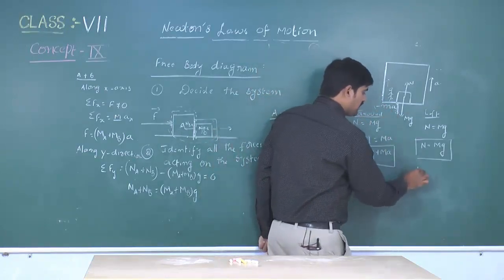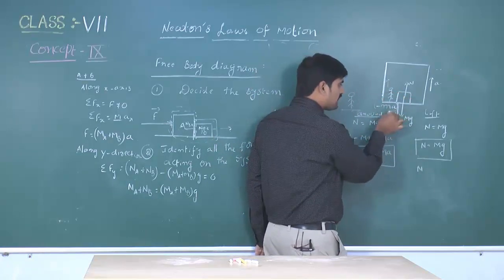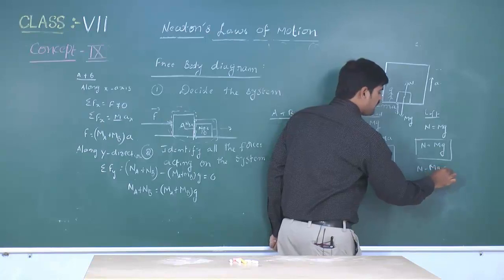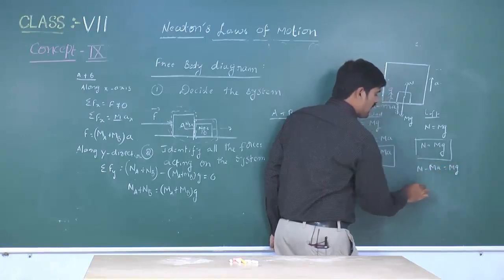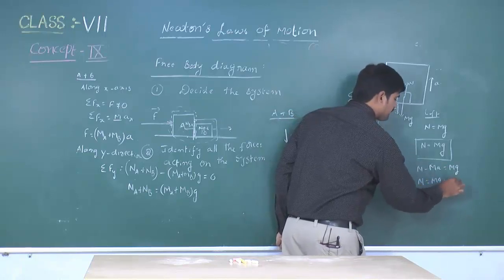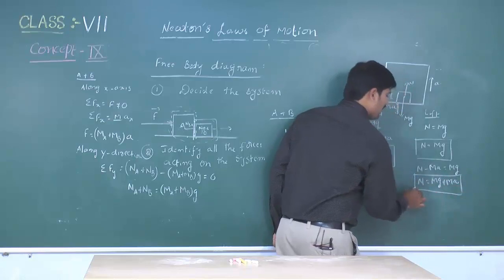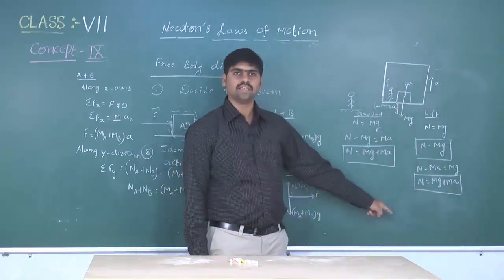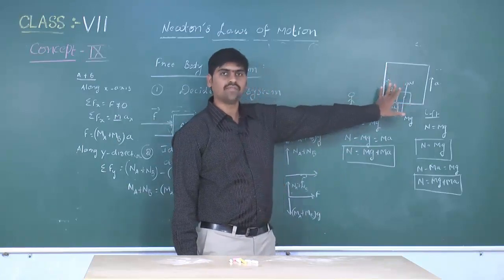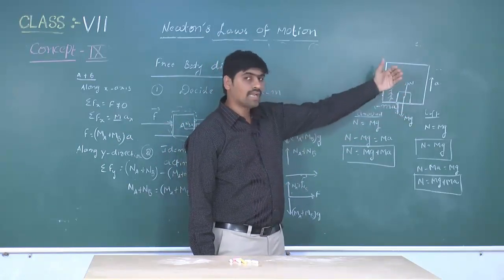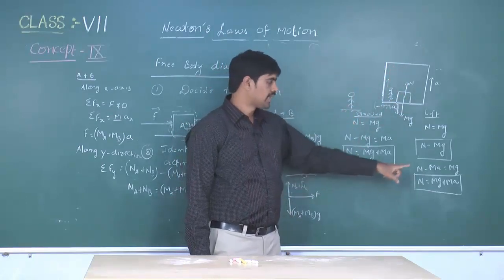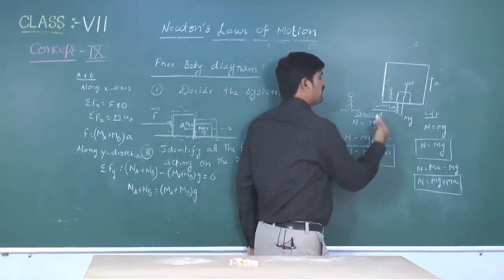See here, the observer applies this extra term: N minus ma is equal to mg. Then he says N is mg plus ma. Now he also gets the same answer. So for the observer in that accelerated frame, to apply Newton's laws we have to include one extra term, minus ma.